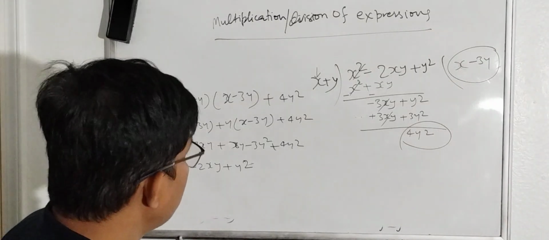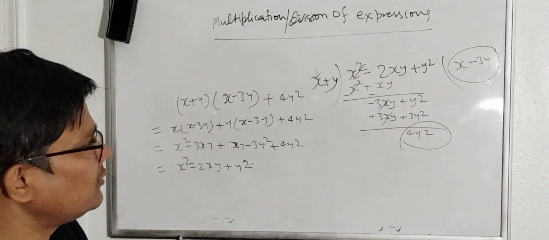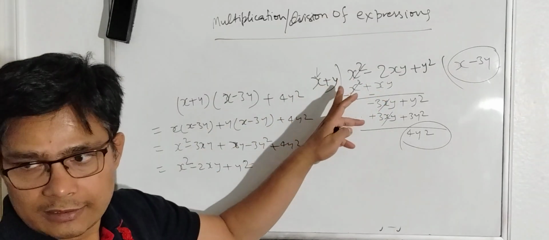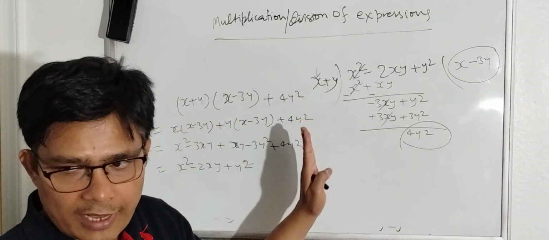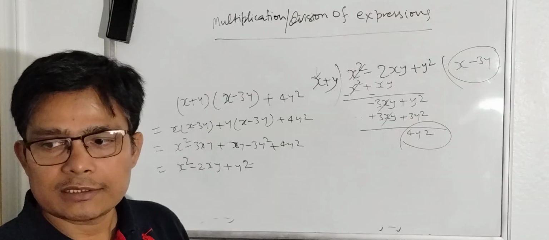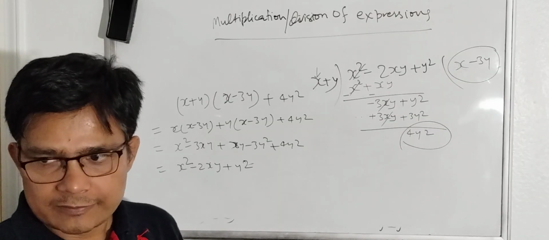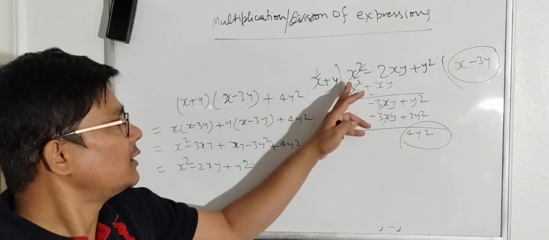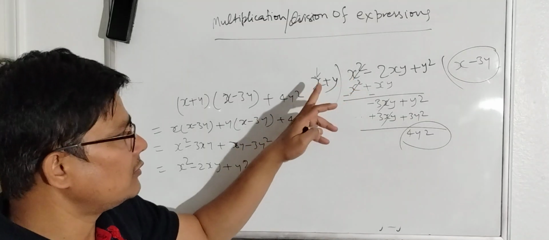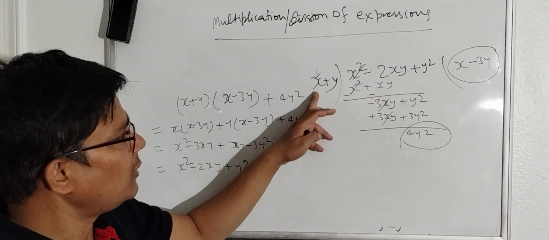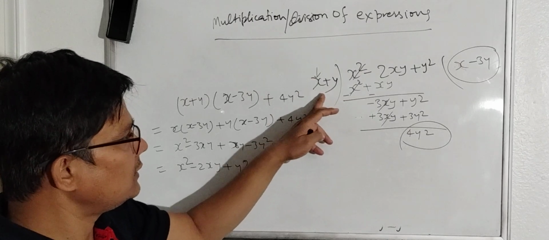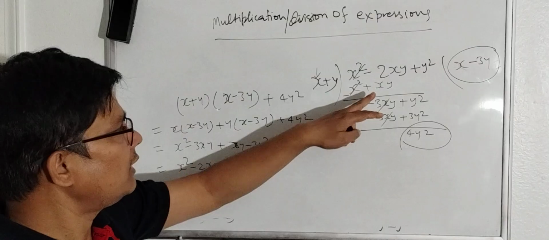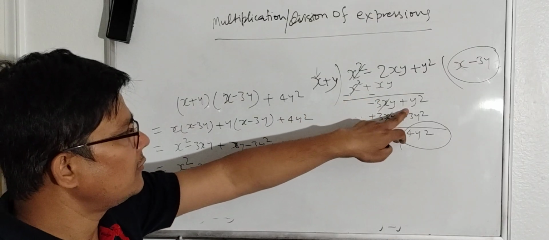Okay, now let's recap what we are trying to do here. Although it's not a hard and fast rule, it's not mandatory, to minimize the number of steps for the division, we start with the term that has the highest power. So this one has x squared. To eliminate x squared, multiply this term with x and then eliminate this guy, and then you have minus 3xy plus y squared.